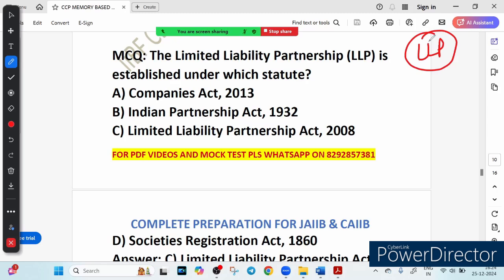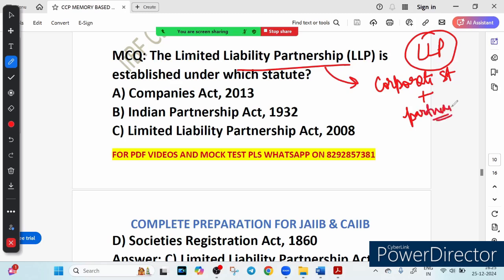Yeah, this is wrong. See, first of all, if you know about limited liability partnership, this is a unique business structure that combines the advantage of both a corporate structure as well as partnership. This is a unique feature of this LLP.